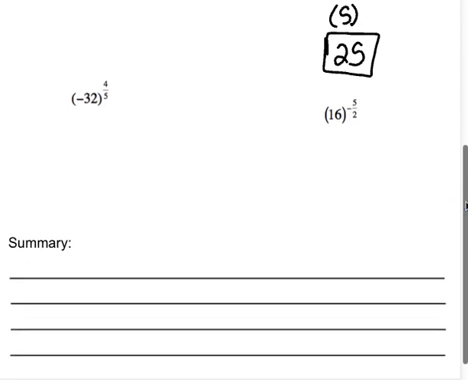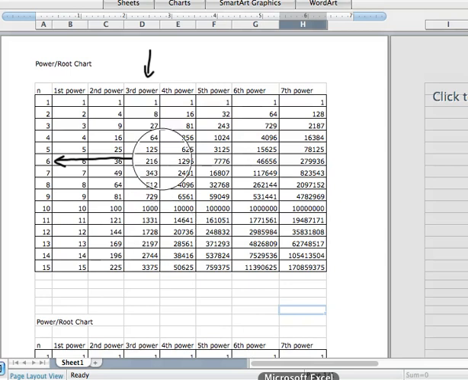Now remember, here, bottom is the root, so the 5th root of negative 32, the top is the exponent. Now maybe you forgot the 5th root of 32. Well, don't forget we have our handy dandy power chart in case you forget these things. 5th root of 32 is going to be just 2.